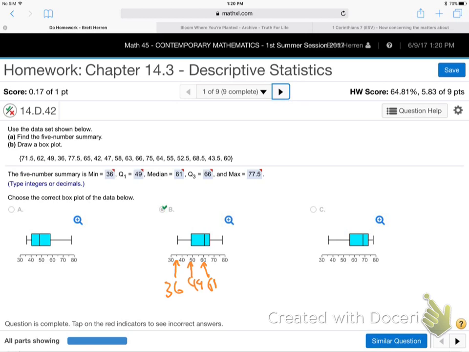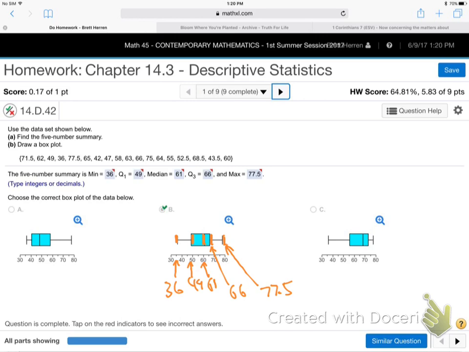And then the right edge looks like it's about 66. And the high point is almost to 80, 77.5. That's why that's the right one. So I'm just looking at this low, and this high, where those marks are. Is that good on that?